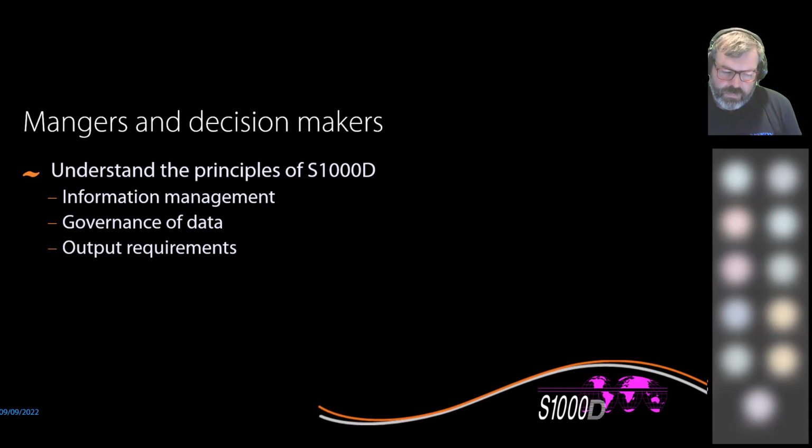So we've got to manage this massive information, and not only the individual pieces, but the links between them and how they interact and how they affect each other. So if I'm using, for example, an image in one data module, or better still, if I'm using an image in more than one data module and I make a change in one of them, how is that going to affect the reuse of the image in another data module?